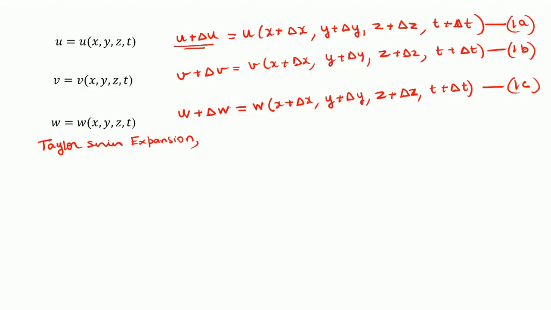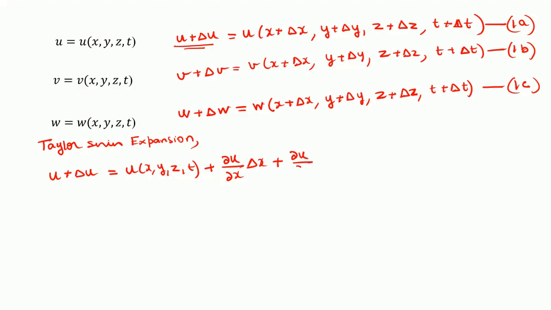Now if I see the Taylor series expansion of u plus delta u, this can be written as u of x, y, z, comma t plus ∂u/∂x into delta x, first order terms. These are the first order terms in the Taylor series expansion.